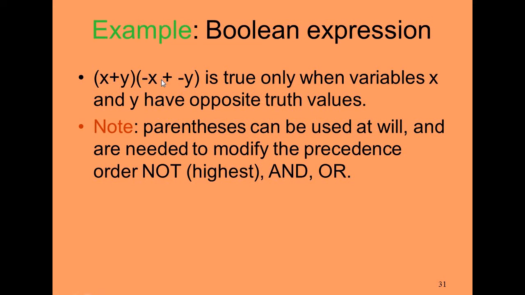If we are able to make this particular expression true by assigning some values to x and y, then we can say that this total expression is satisfiable. Parentheses can be used at will and are needed to modify the precedence order. NOT has the highest precedence, then AND, then OR.